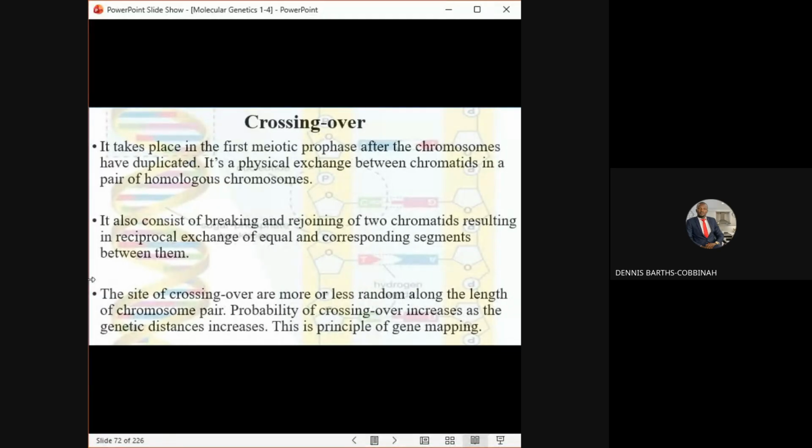It also consists of breaking and rejoining of two chromatids, in crossing over.